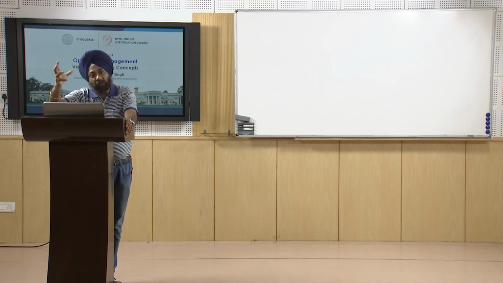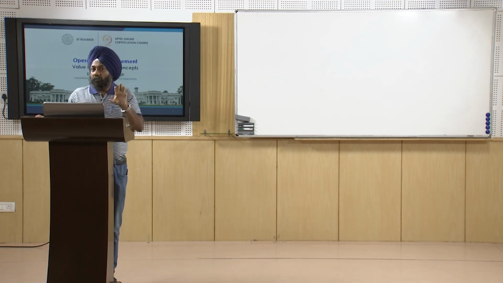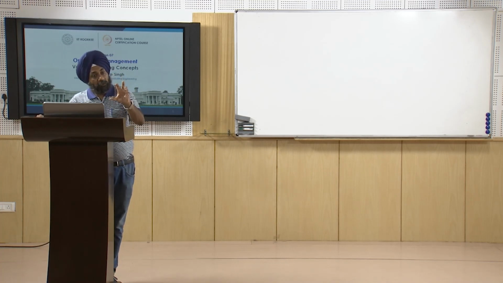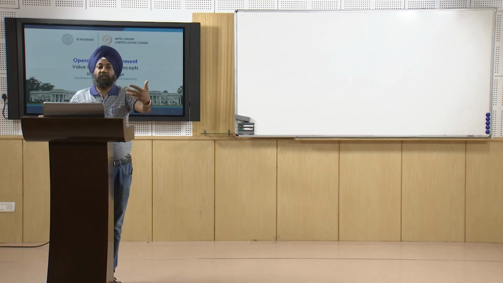So for different products we will have a verb and noun type of definition. We will try to see, when we are designing a product, how the principles of value engineering can be used to achieve the desired function. I have already told you that for this wristwatch the desired function can be show time.